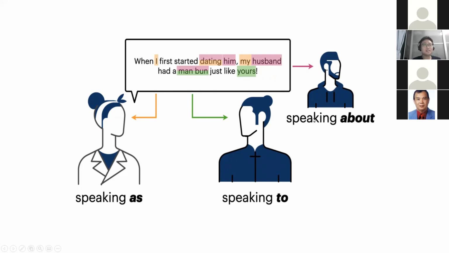So that's a man, and so this man bun and "yours" would suggest that they are speaking to another man, which is not their husband. So speaking as a woman, speaking to a man, speaking about a man. So this is an example of what they mean by the three dimensions.